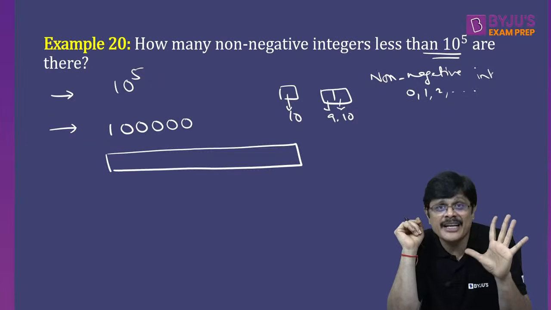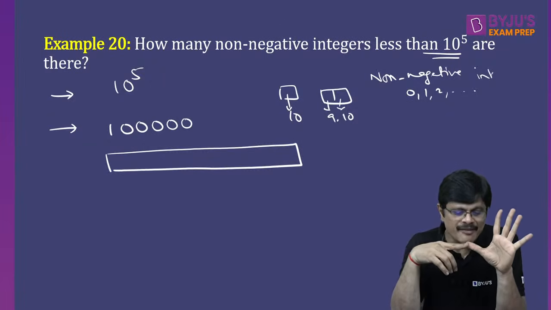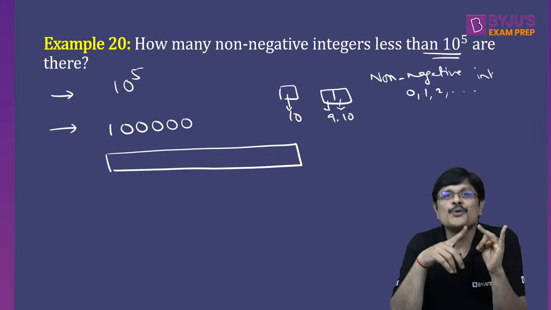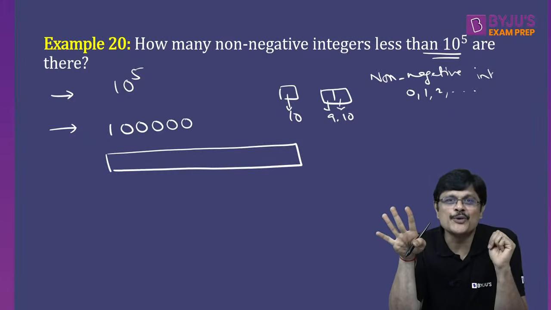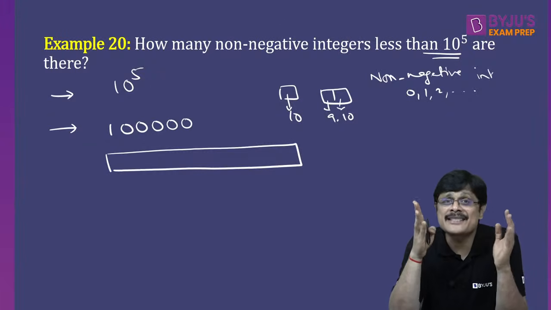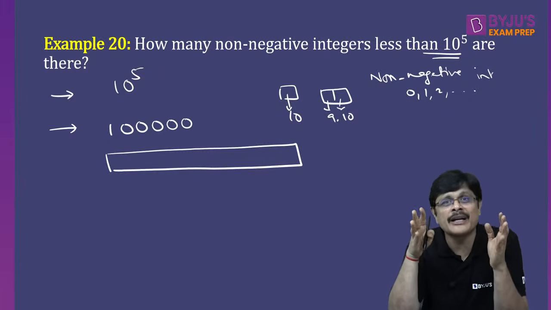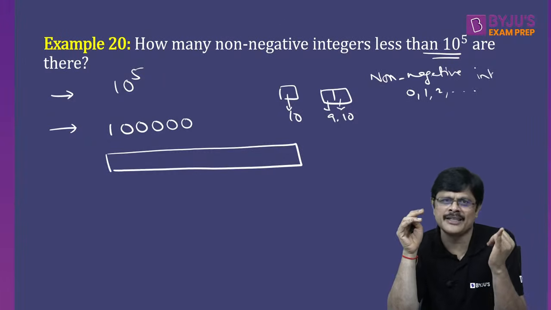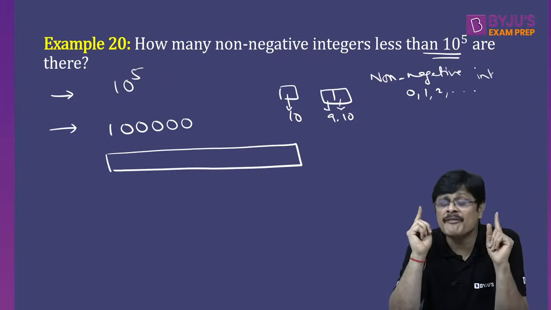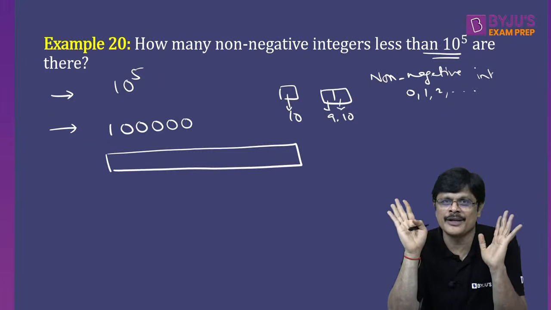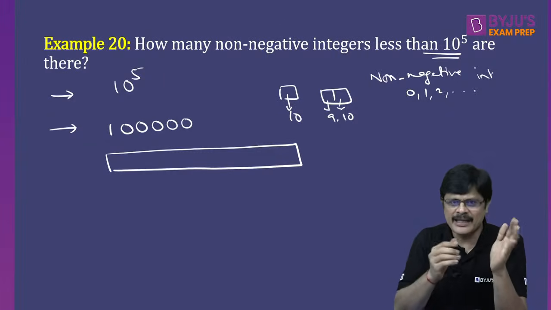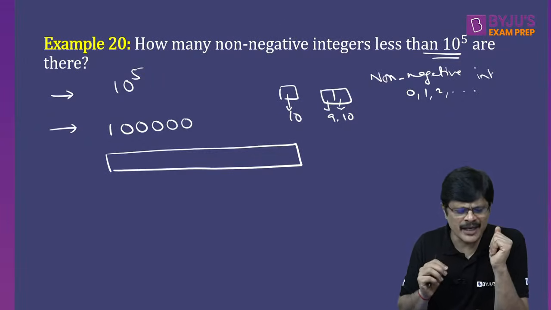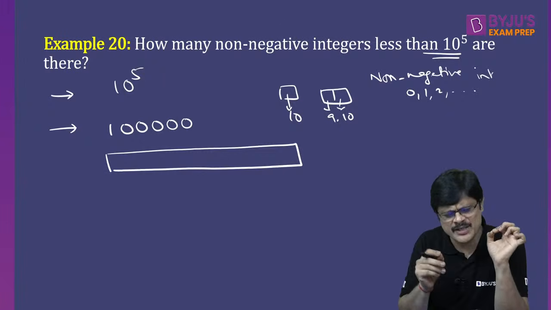And it's not just 5 digit numbers, it is 4, 3, 2, 1 digit numbers also. So when you say less than 10 power 5, the number you get is a 5 digit, or 4 digit, or 3 digit, or 2 digit, or 1 digit number. That way you can solve it. But for 1 digit numbers, 0 is also included. That you should remember. That is one way of solving, which our friend Akash did. That's wonderful, Akash, that is correct. Perfect. No problem. Such small mistakes happen.